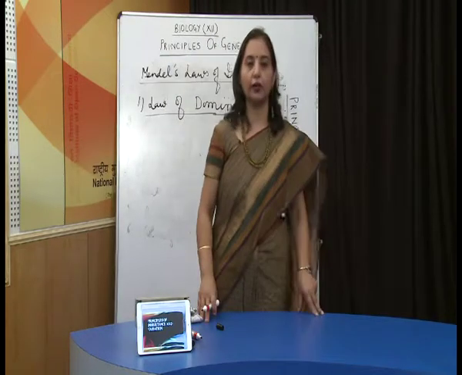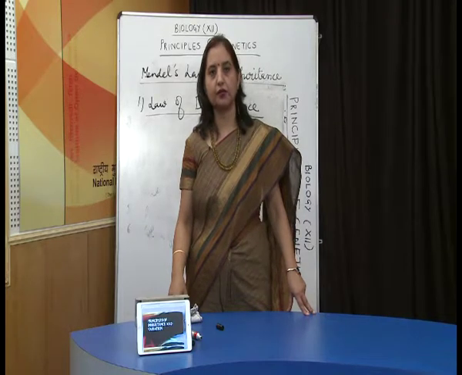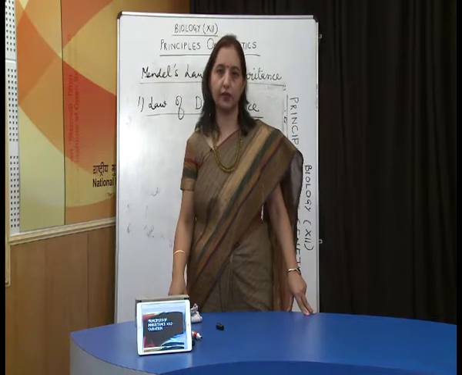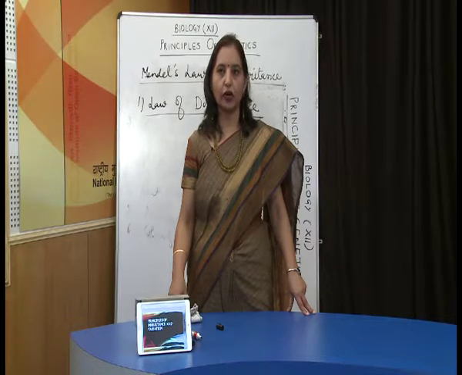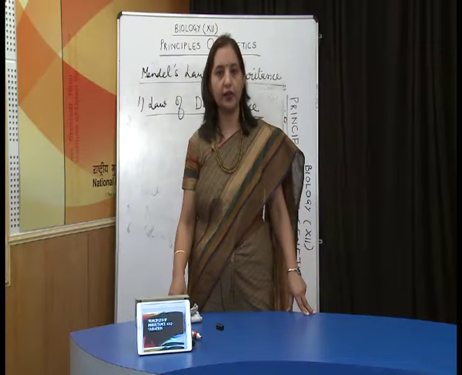According to the law of dominance, out of 2 contrasting pair of characters, only one appears in the first generation, and that's called the dominant trait. The other one, which remains hidden or which is not expressed, is called the recessive trait.